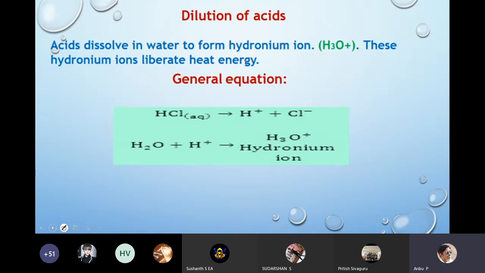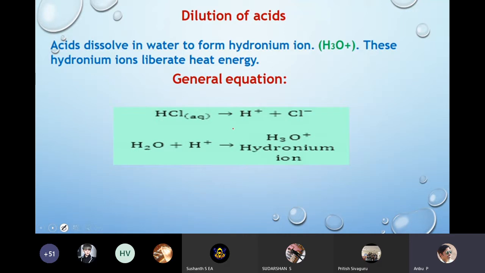You will not be able to see a separate layer. The acid easily will diffuse into the water. When they diffuse into the water, they release ions. If we take HCl, hydrochloric acid, it can be divided into H plus and Cl minus. So that is how the ions will split up. This is called ionization.